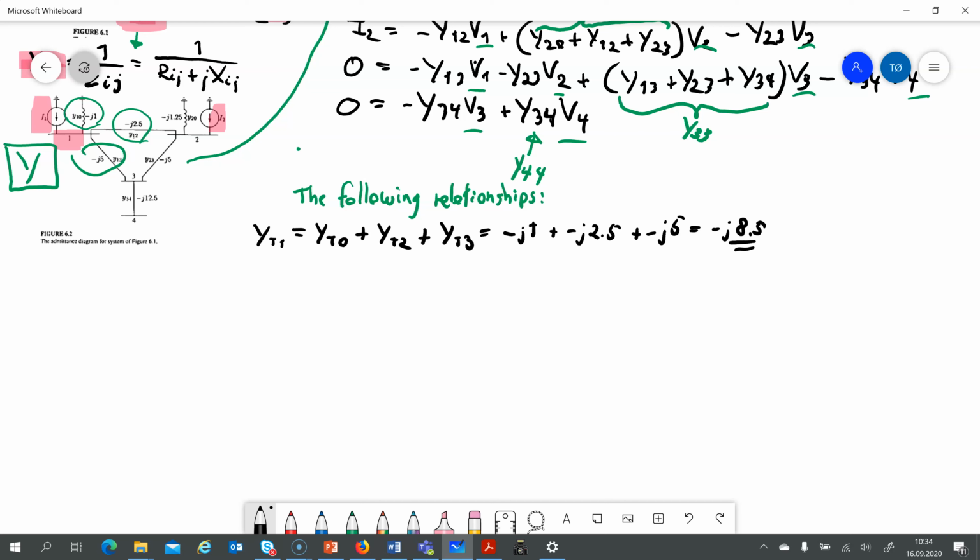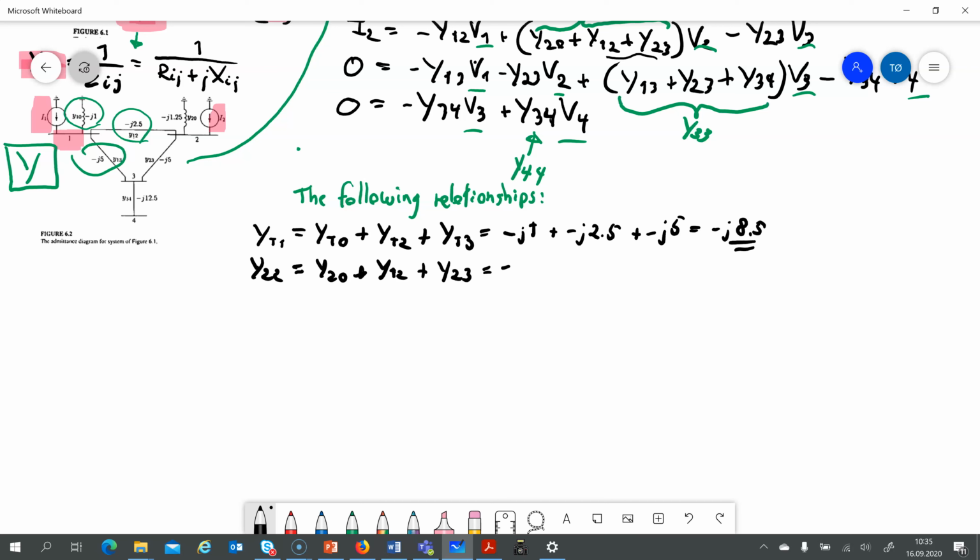So that's y11. y22 equals y20 plus y12 plus y23 from up here. Then we have the values. Let's see.